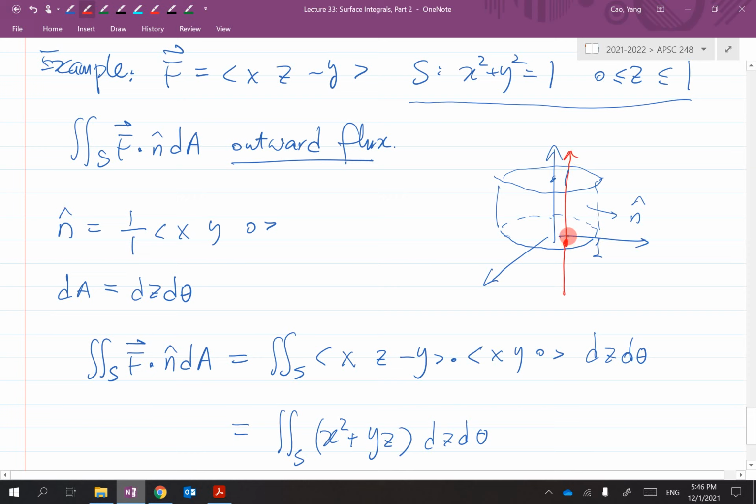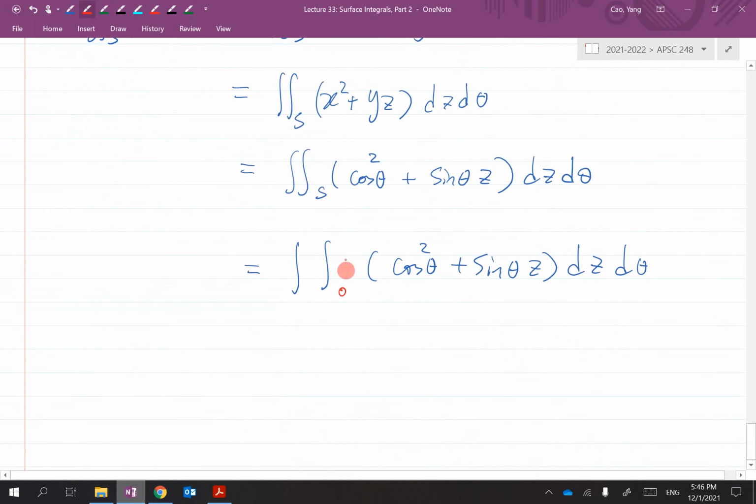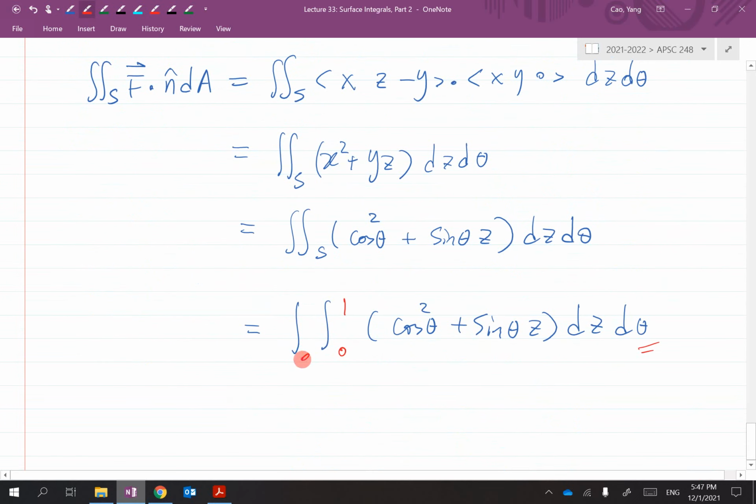Your z min is the first contact, z max is the second contact, and this one is pretty straightforward: 0 to 1, that's your z limit. And the theta limit is determined by the shadow of the surface in the xy plane, which is the unit circle here. You can draw a reading line and rotate it around this shadow, in this case a whole shadow. So your theta is going to be 0 to 2 pi.